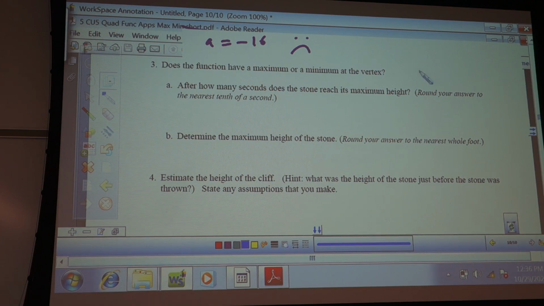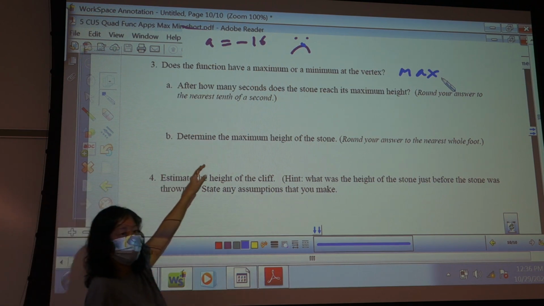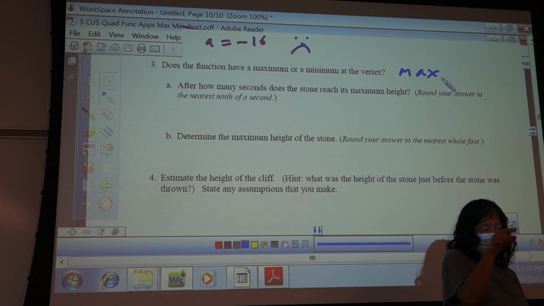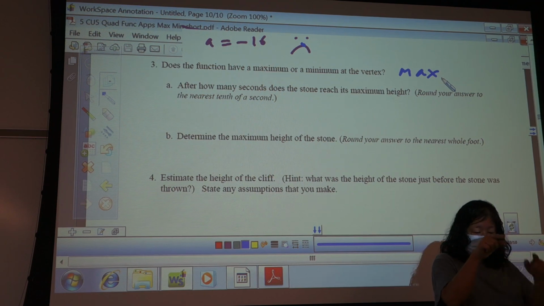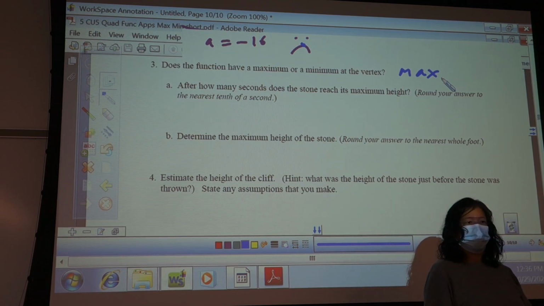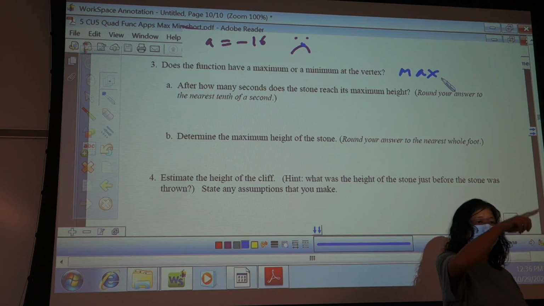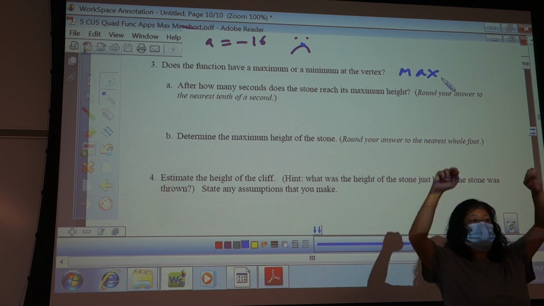Minimum or maximum? Well, here my A is negative 16, which means my parabola is going to look like this. Right, so my vertex would be right there. Maximum. Yep. Does that make sense? If it's unhappy, then it'll have a maximum. Its unhappiness goes down and down forever. If it were happy, then it would have a minimum, but it would go up and up forever and ever.